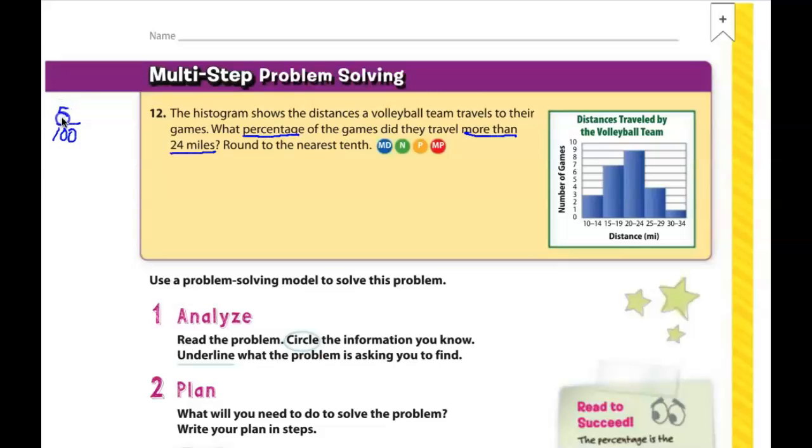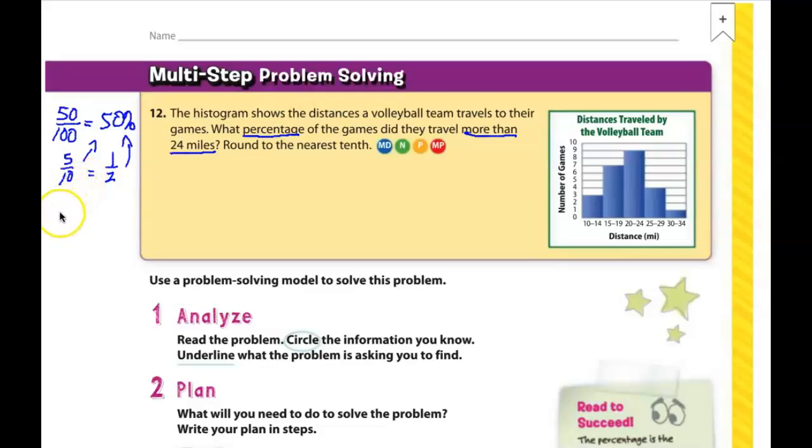So if we have, for example, 50 out of 100, that can be written as 50%. Now this can also be reduced to 5/10, which would still be 50%. 5/10 can also be simplified to 1/2, and 1/2 is also equivalent to 50%.